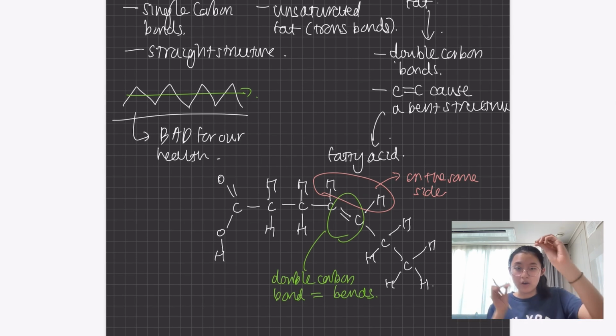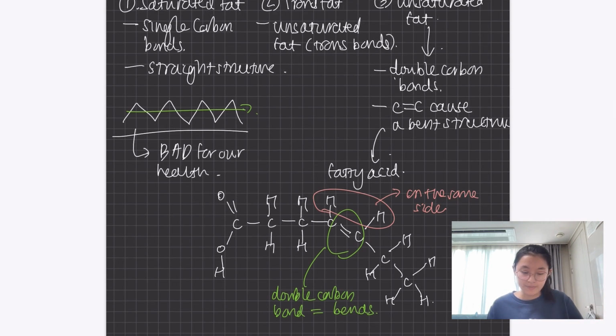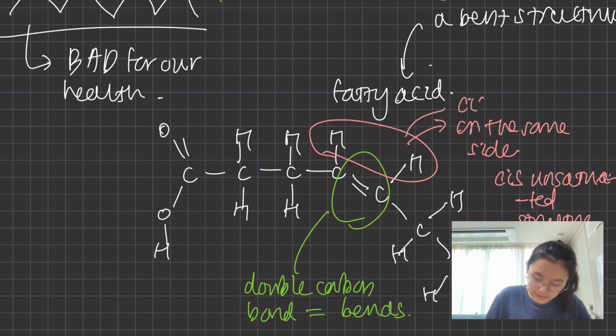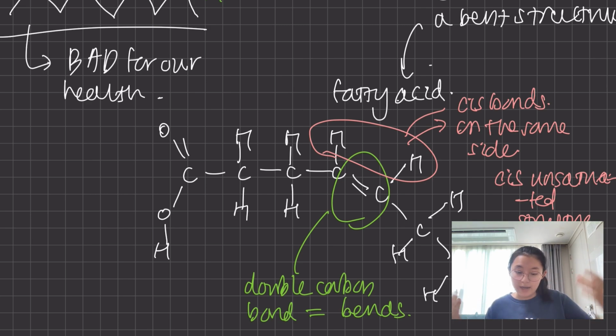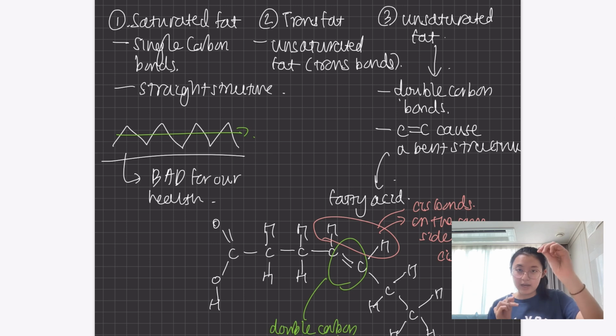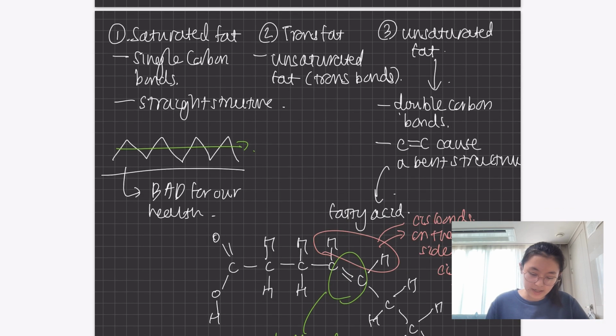If they were on opposite sides, we would call this a trans bond, and it would go for a trans fat. So this is a cis unsaturated structure, and that is because we have cis bonds right here, wherein we have the H's on the same side, right? But if we were talking about trans fat, the H's would be on different sides. And that is essentially the difference between unsaturated fat and trans fat.